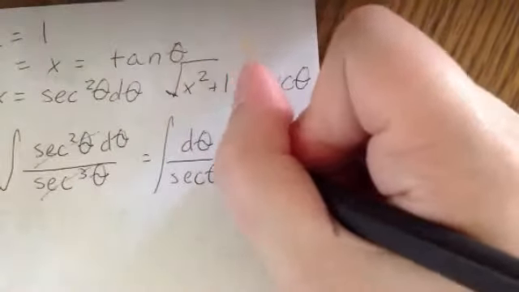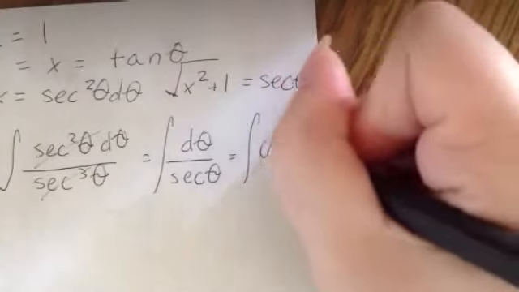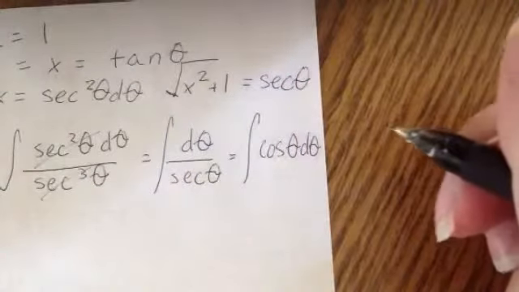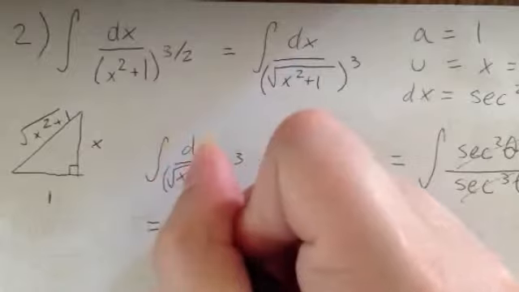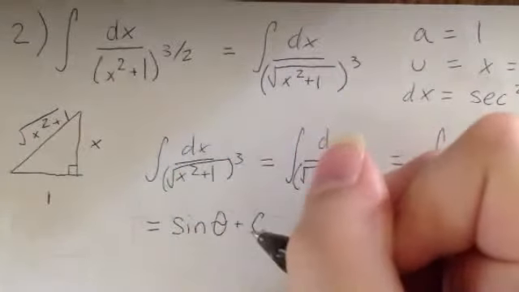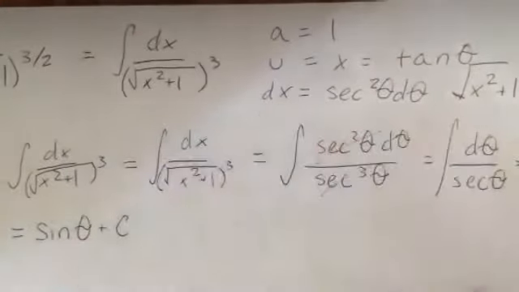Now this is pretty easy to simplify. This is just cosine theta, d theta. And now that this is really simple, all you have to do is just integrate it properly. It means that it is going to be sine theta plus c.